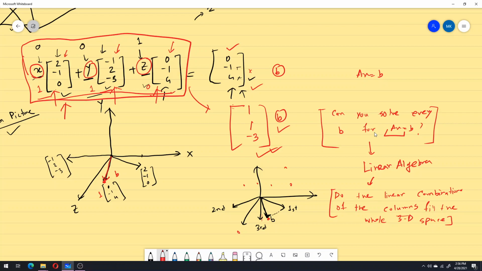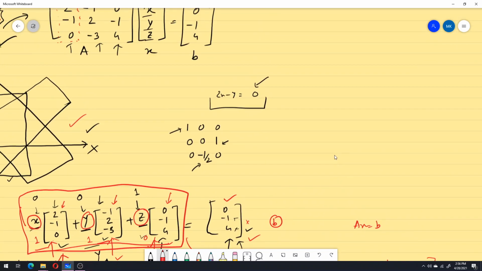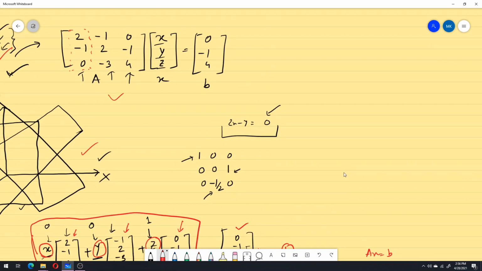Which columns? These columns. Okay. So for this particular matrix, the answer is yes. The answer is it can fill the whole 3D space, because this particular matrix is an independent matrix, or the columns are independent of each other.